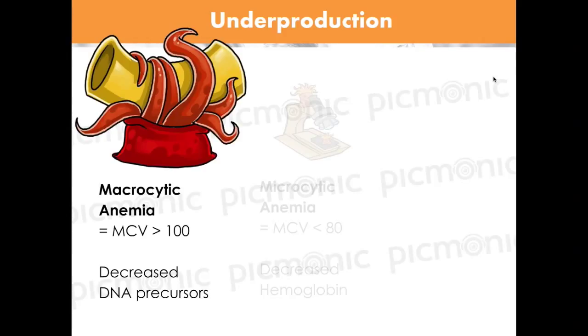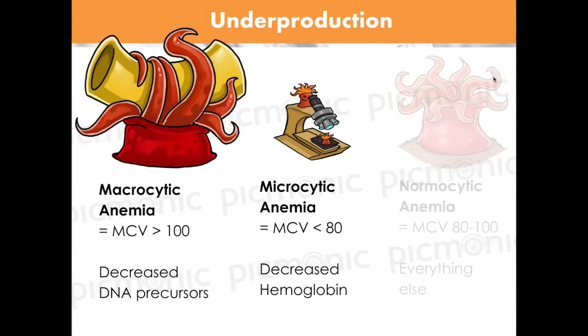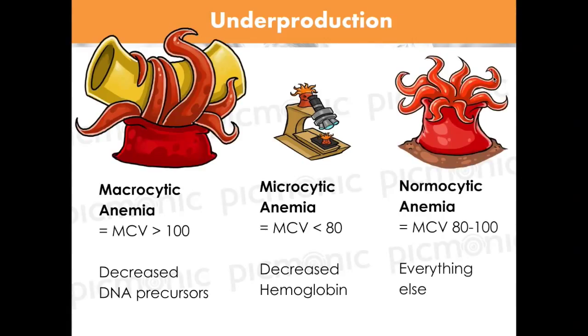In comparison, with microcytic, meaning smaller, the MCV is below 80, and we want to say there's decreased hemoglobin. Lastly, normocytic is within the proper range that you should have. So if it's not hemoglobin related, it's not DNA related, it's something else.